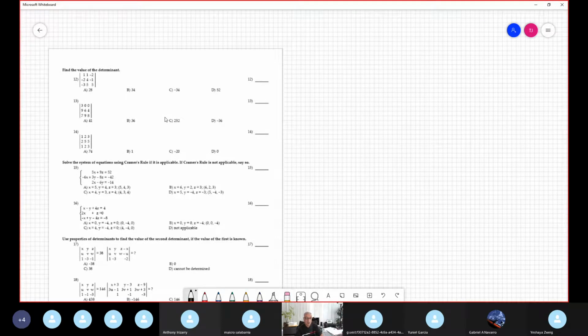Suppose number 12, the matrix with rows 1, 1, -2; -2, 4, -1; -3, 5, 5. The determinant is different from the matrix, because the determinant computes one number. It's a function.